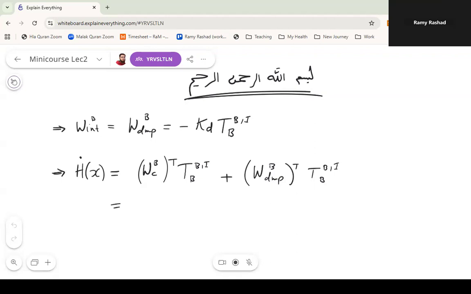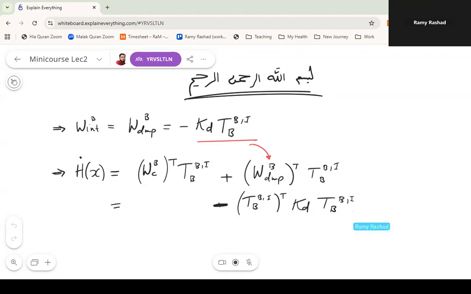The first term doesn't change. The second one I can rewrite if you just plug in this term here. So what you're going to have is something that looks like that. Of course, this will be a minus sign multiplied by the twist.